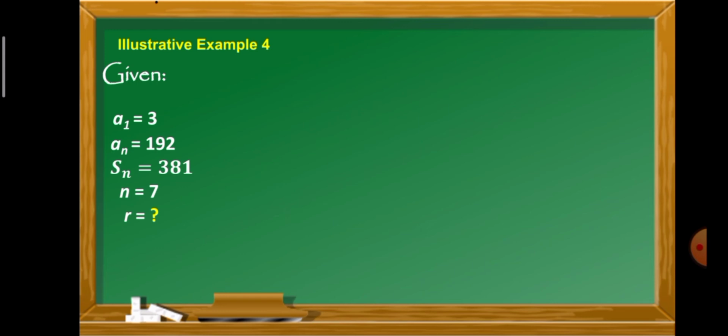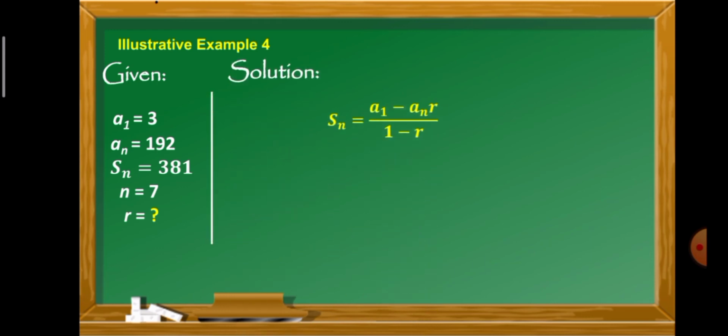So, ang solution natin, copy the formula, and substitute all the given values. We have 381 is equal to 3 minus 192r all over 1 minus r. Okay? So, after that, multiply natin both side by 1 minus r. Yung sa kabilang side muna tayo.